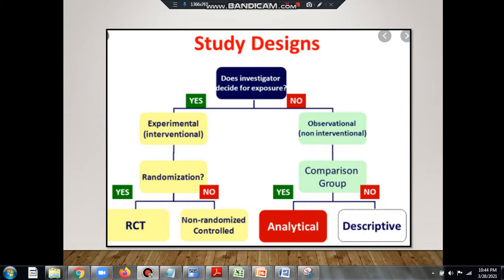So in this scenario, the investigator or the scientist who did the study did not decide who is going to be exposed to COVID vaccination and who is not. These subjects are self-selected. The people themselves decide whether they want to get vaccinated or not. It is not decided by the investigator or the scientist.